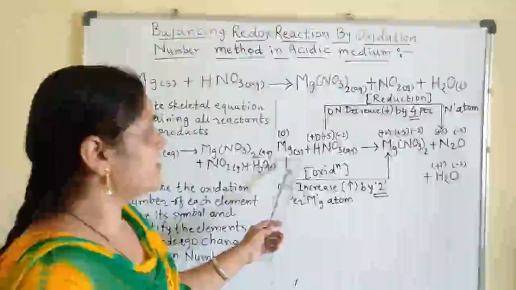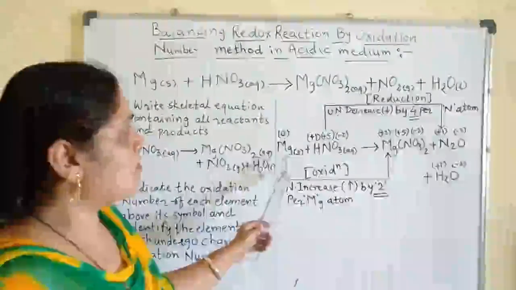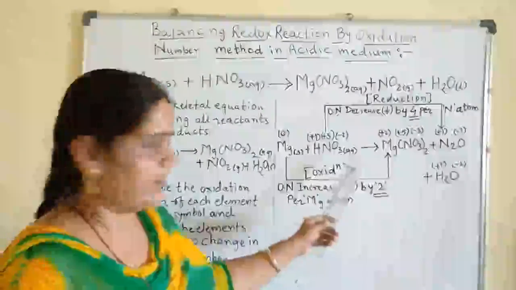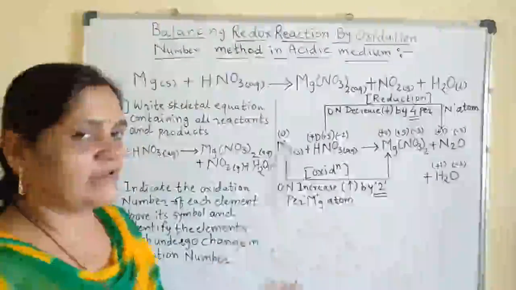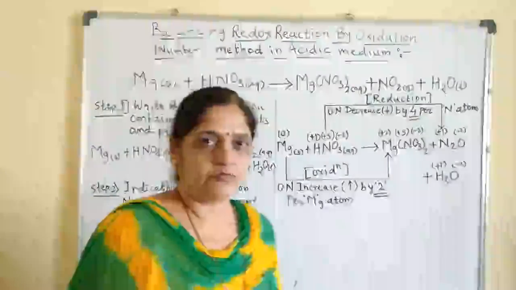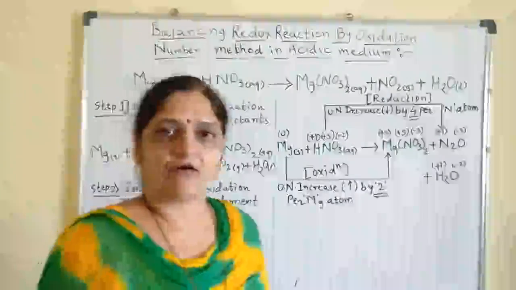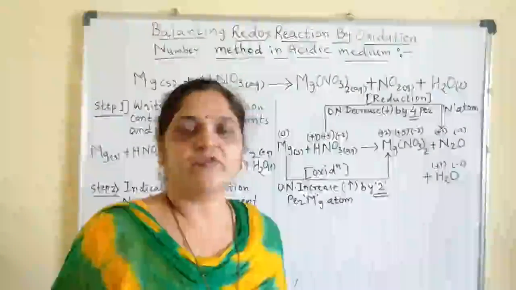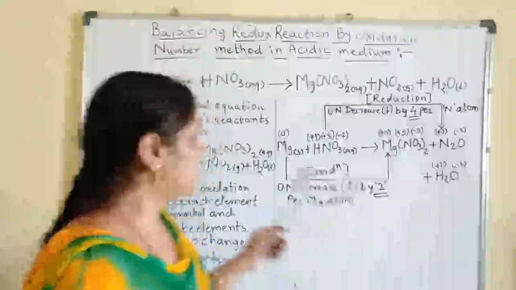See here in this step second, I have written this equation again and I have mentioned the oxidation number of each element above its symbol. You may already have gone through oxidation number calculation. If not, then I will prepare one video on how to calculate the oxidation number. By using those rules, you can calculate the oxidation number.